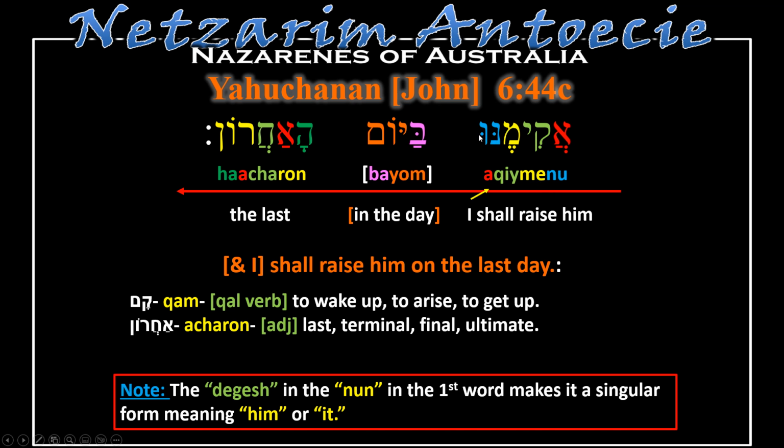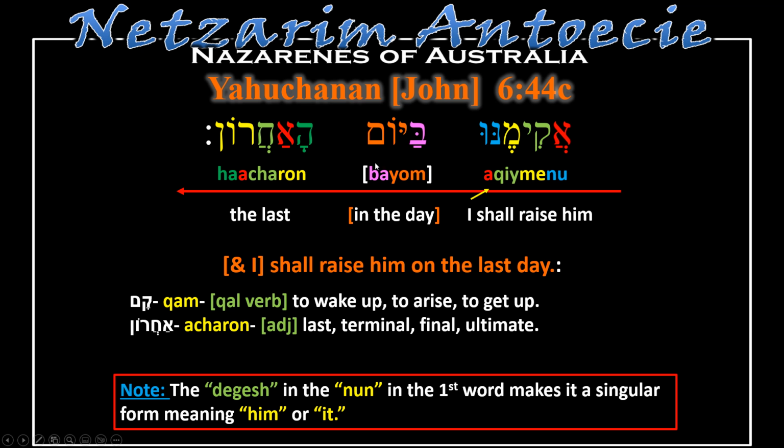Now we notice that the ending is nu, so we look down here, the note, the dagesh in the nun in the first word makes it a singular form, meaning him or it, rather than meaning we or us. And of course the root here, which is the kuf and the mem, if we look down here, comes from kum, which is a kal verb, to wake up, to arise, to get up. I shall raise him.